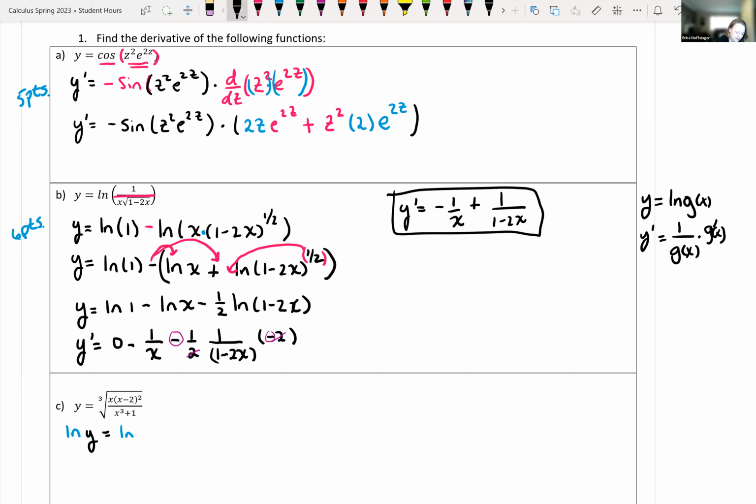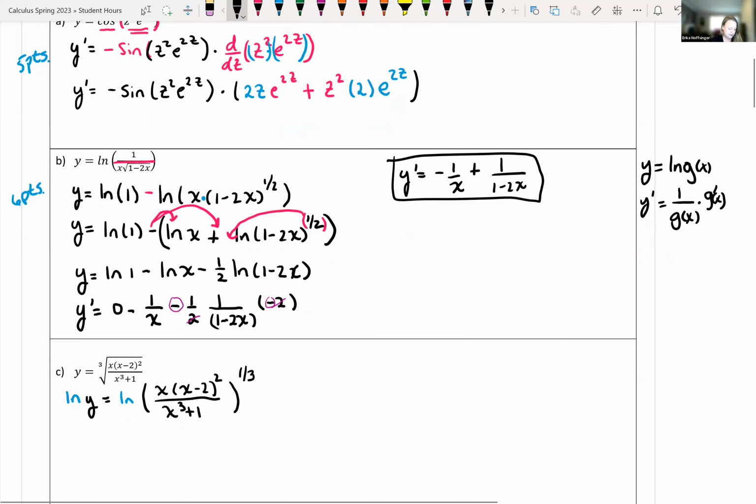While we rewrite this, instead of writing the cubed root, we're going to rewrite it to the 1/3 power. So we have the natural log of x all times x minus 2 quantity squared, that's all over x cubed plus 1, and that whole thing is raised to the 1/3 power. So now let's go through and use properties of logs to rewrite this.